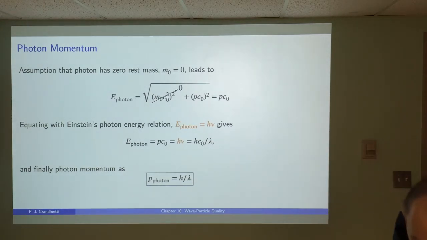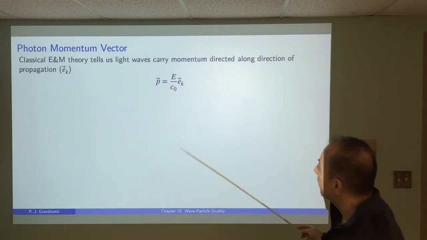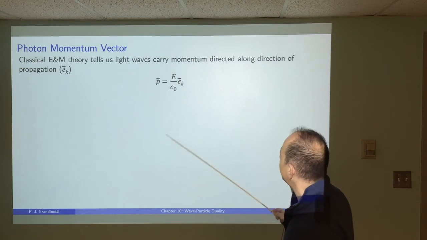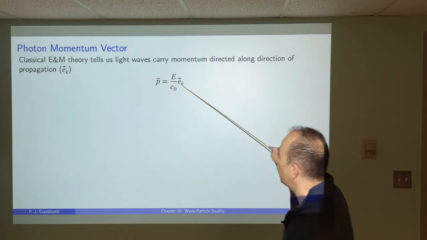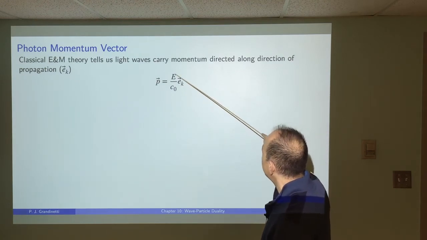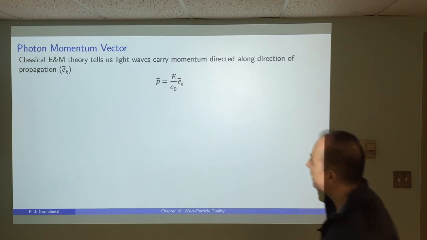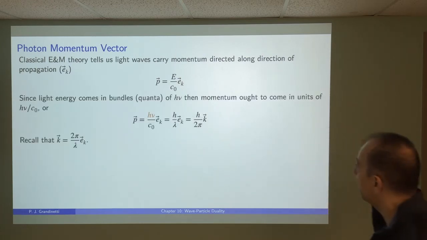Okay. Now, momentum is a vector quantity, and we know from classical E&M that the momentum vector is related to the wave number vector. So this is the unit vector along the wave number direction times E over c naught, where E is the energy of the wave.